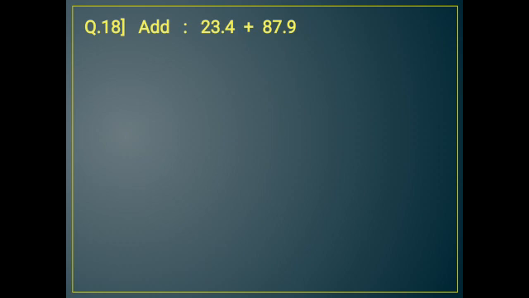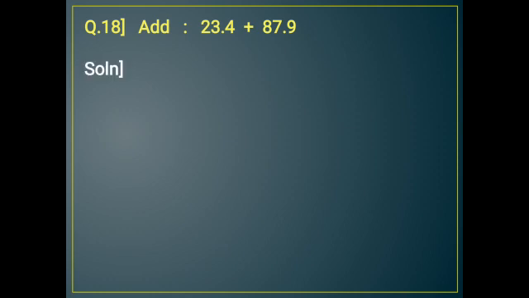Next, question number 18, add. So the options are, add the numbers, that is 23.4 plus 87.9. So the answers we get are 111.1, 111.2, 111.3.